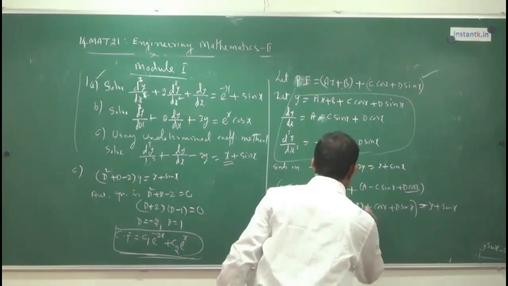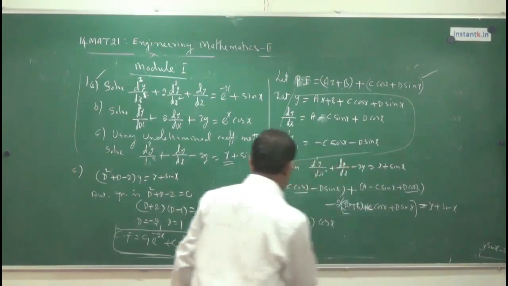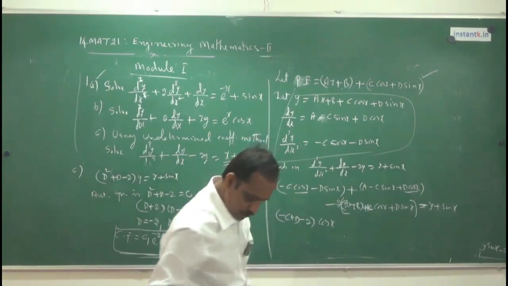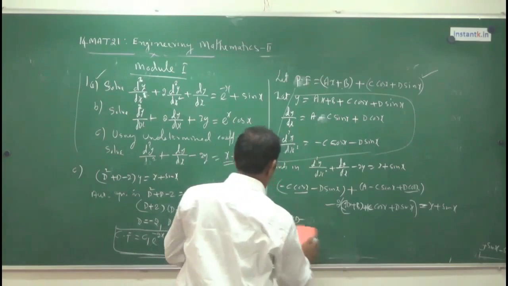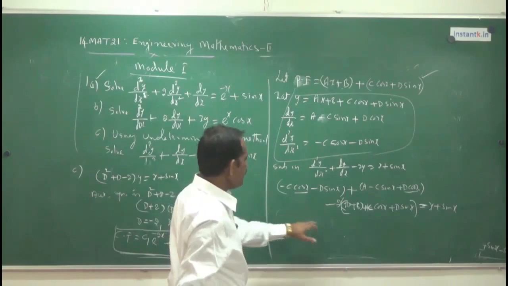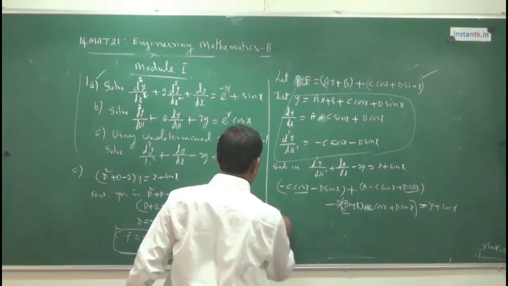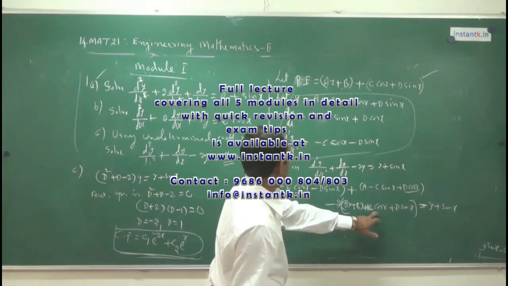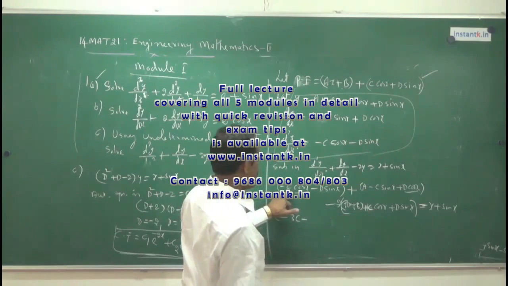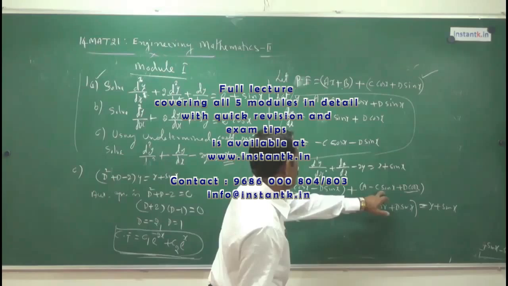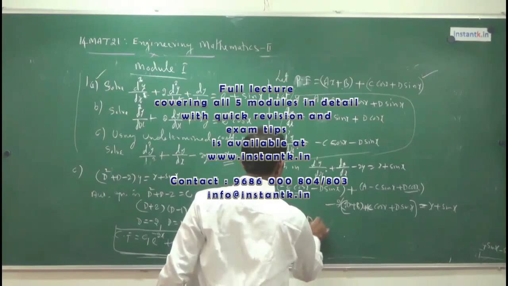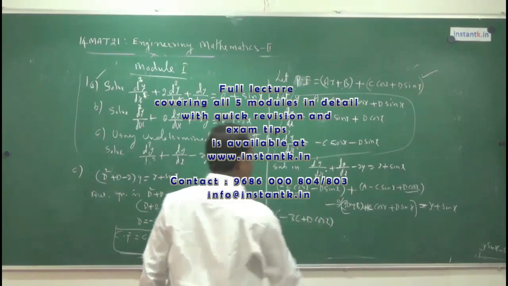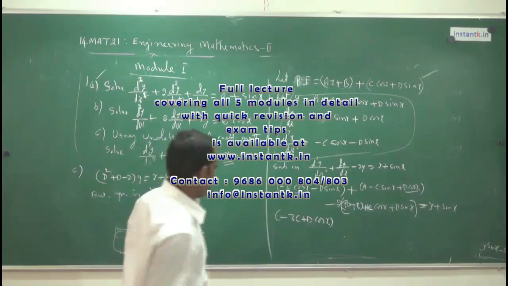This is y, this is c cos x, so it is not c, it is minus 2c. Minus c, minus 2c, total gets minus 3c. And another is plus d cos x. For this much terms, cos x is common.